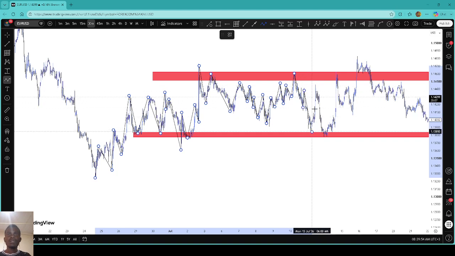So price moves, it comes up, down. So this is now our trading range. Price is moving in between this range.